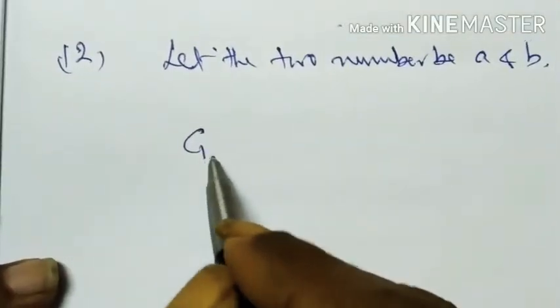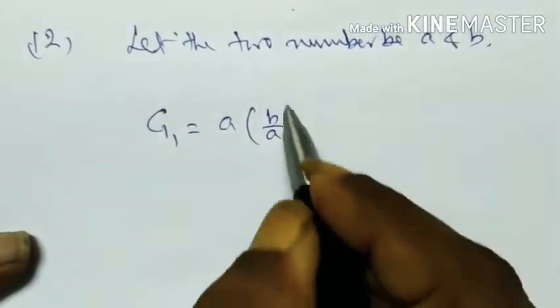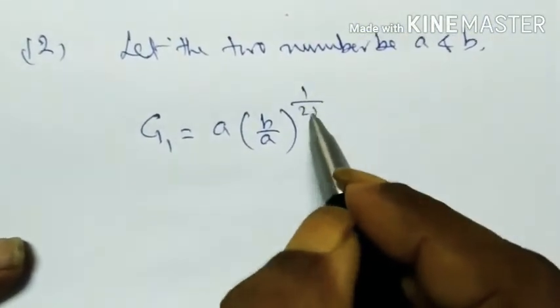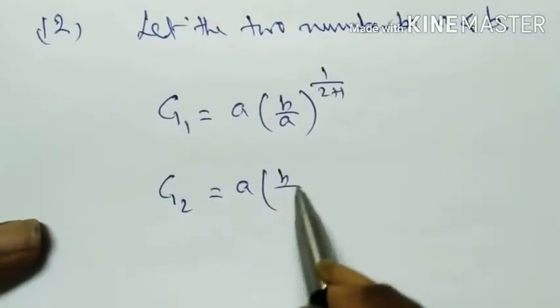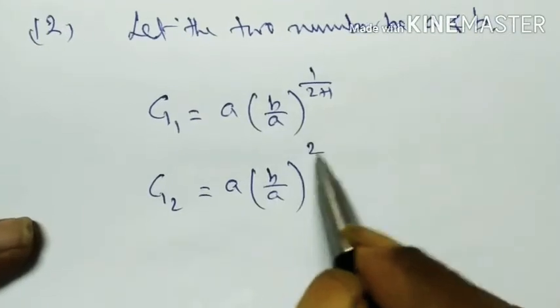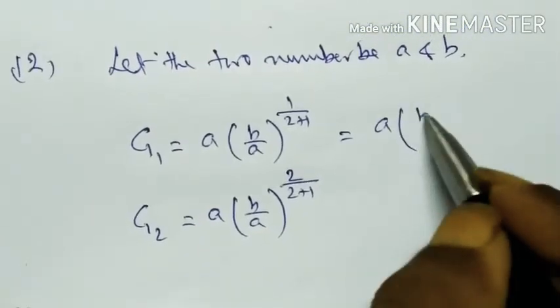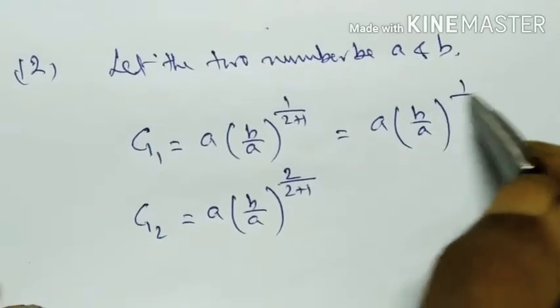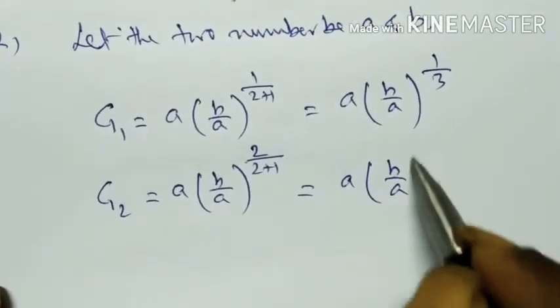So G1, according to the geometric mean formula, will be a times (b by a) to the whole power 1 by 2 plus 1, and G2 will be a times (b by a) to the whole power 2 by 2 plus 1. So this will be equal to a times (b by a) to the power of 1 by 3, and this will be equal to a times (b by a) to the power of 2 by 3.